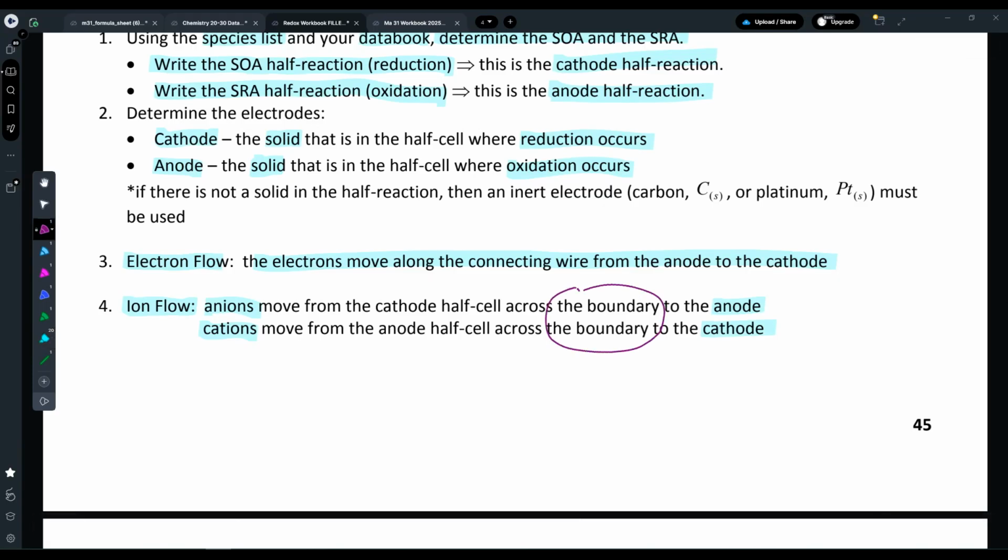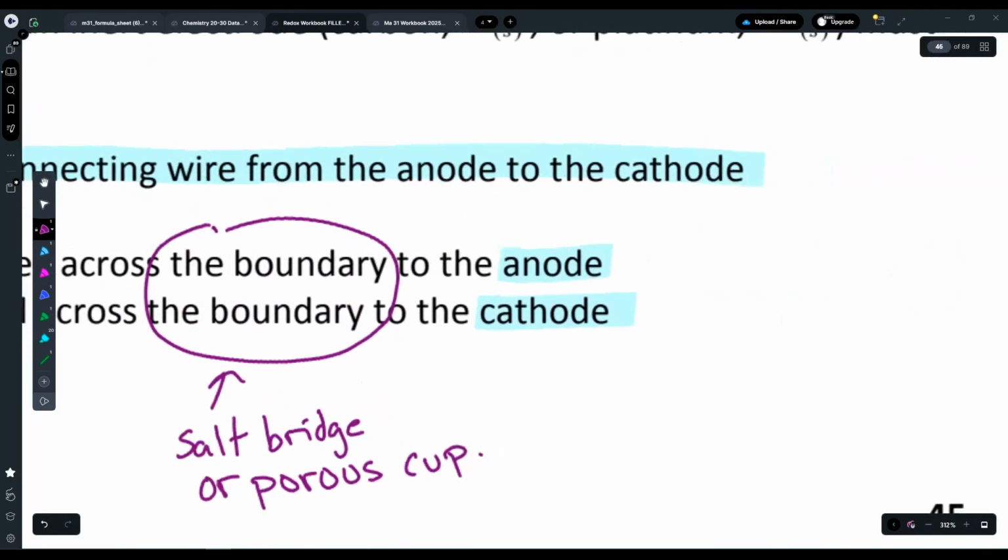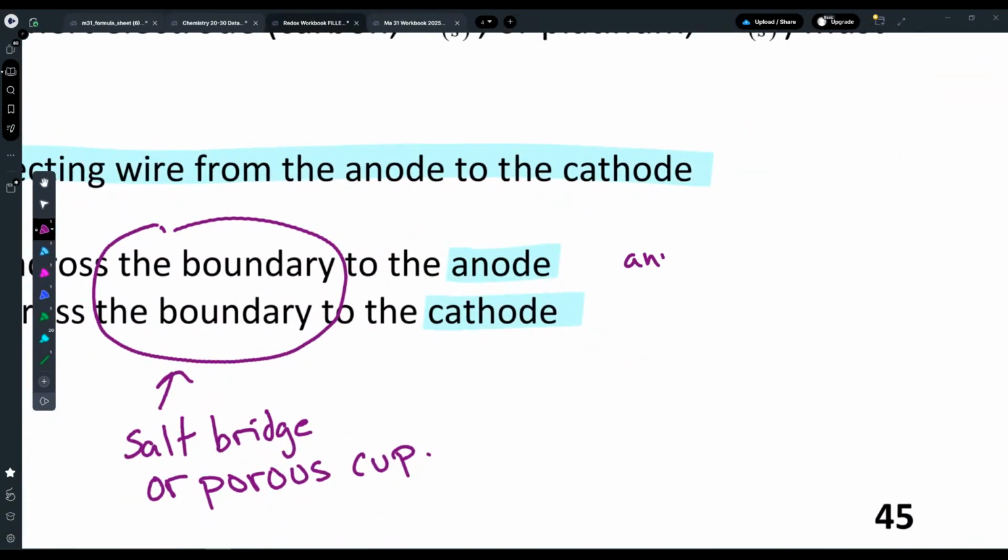The boundary just means the salt bridge or the porous cup, either or. Both do the same thing. So to abbreviate this, anions go towards the anode, cations go towards the cathode.